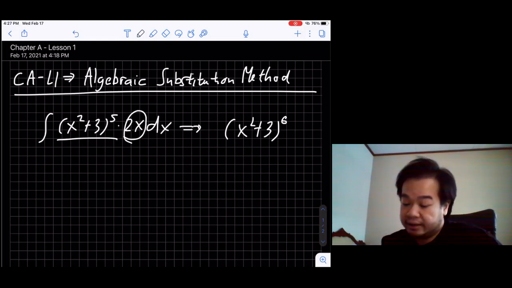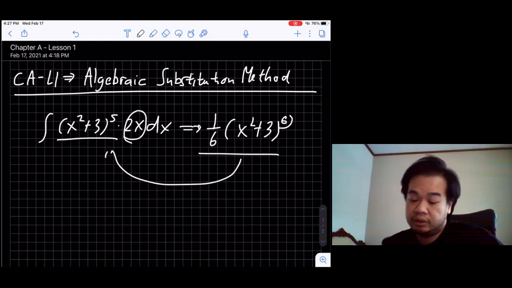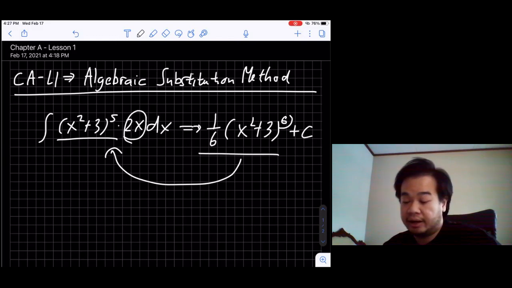And of course you want to eliminate the 6, so we multiply by 1 over 6. If we try to differentiate this, the result will be actually this one, right? So this is the result of your integration. I have given several examples like this in the previous unit.